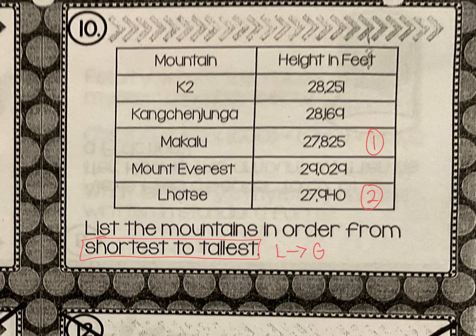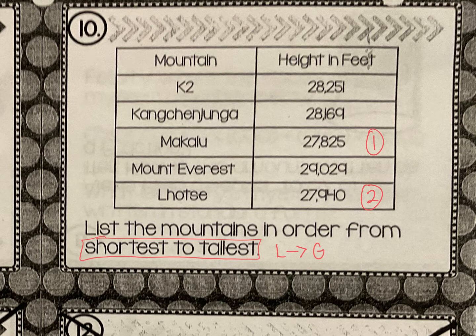Okay, so then let's go back. I've got 2, 2, 2, 8, 8, 9. 8 is smaller than 9, so I need to focus on these two. So I've got 28,251 and I've got 28,169. Which one is smaller, Jax? You sure?